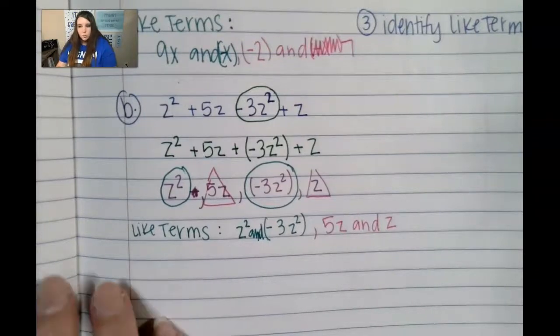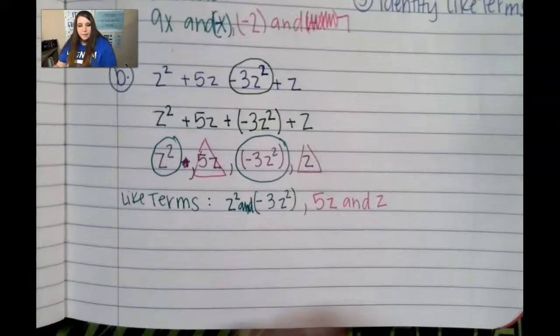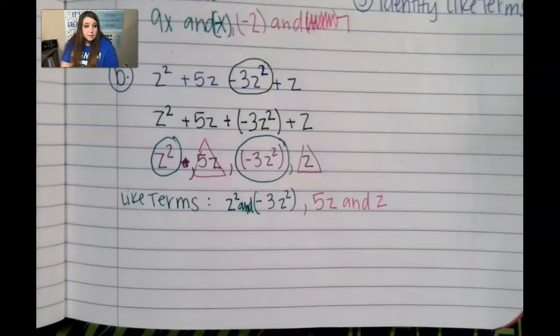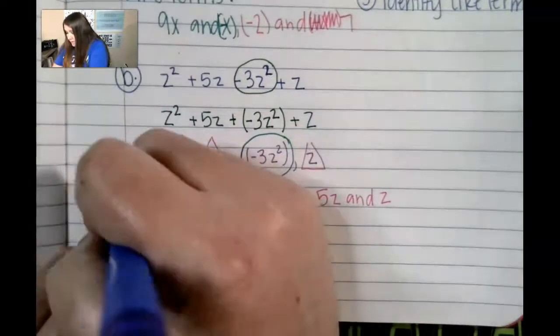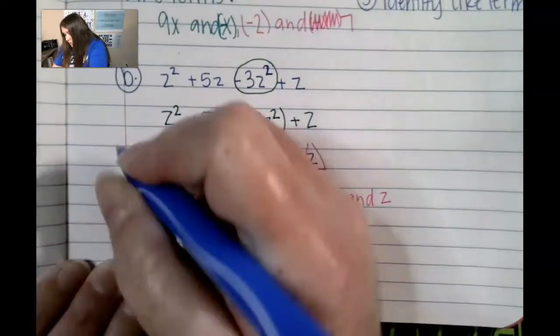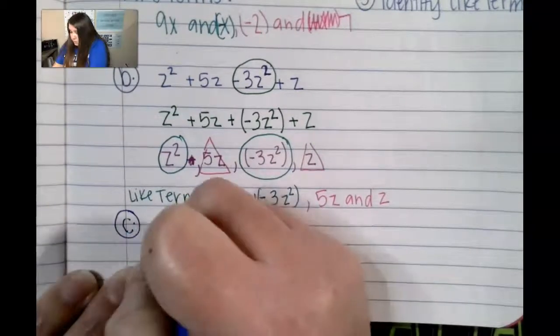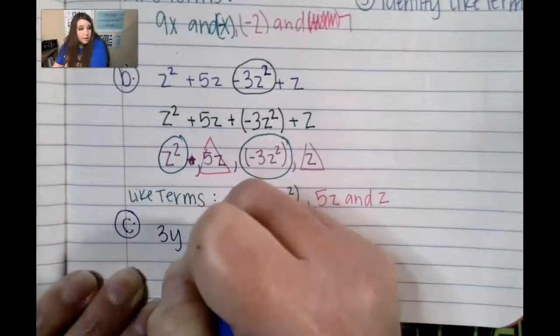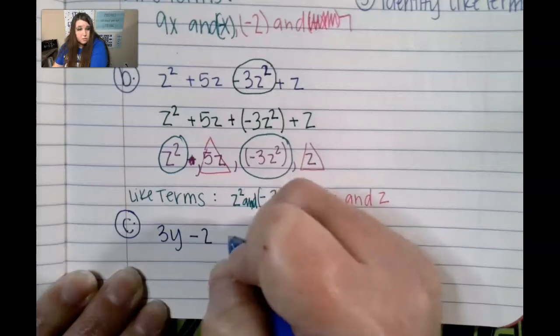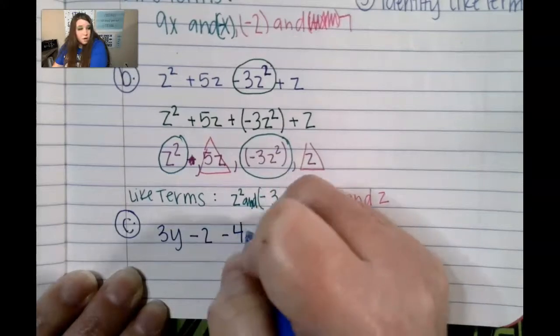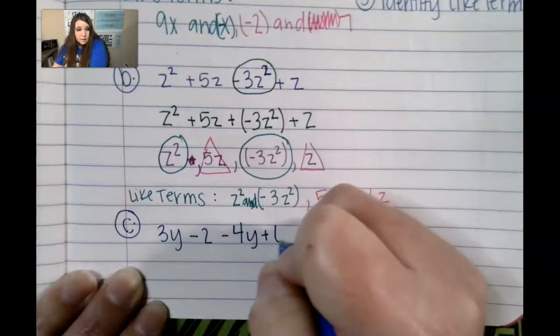Okay, let's do one more example. And then from there, it will be your turn to do a try it. All right. So I'm going to do another one that happens to have a lot of negatives in it, just so that you can get used to combining that. So we have 3y minus 2 minus 4y plus 6.